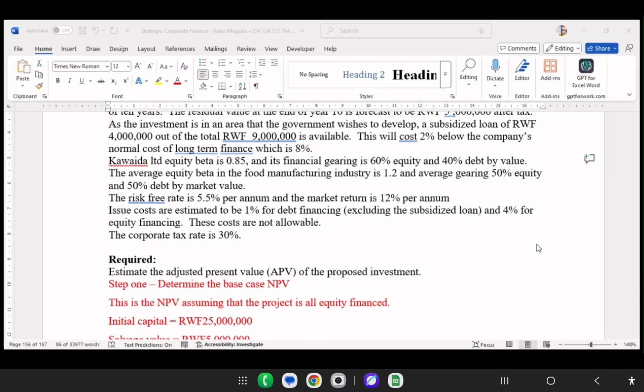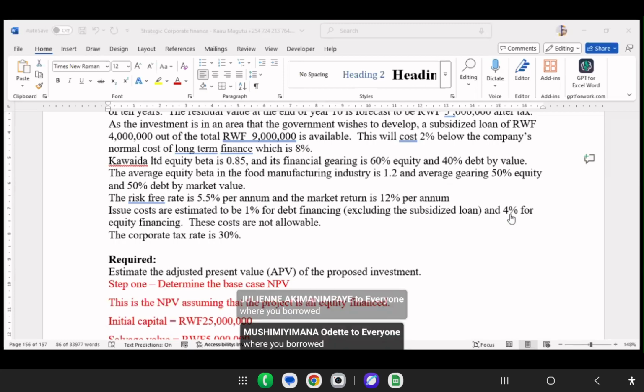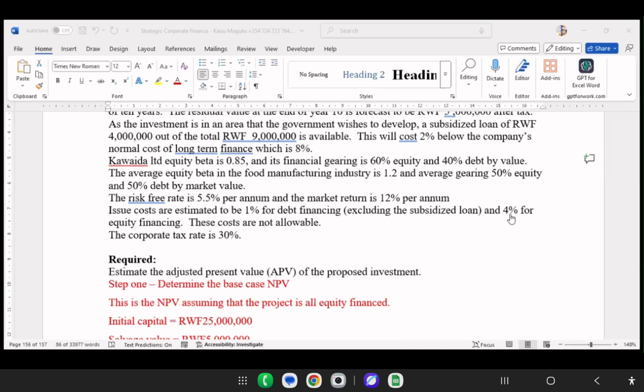Someone says you will evaluate based on the interest rate where you borrowed the money, 20%. Yes, that is the same argument. Here, this company wants to invest. Their beta is 0.85. They are investing their own money, not the money of the industry, where the beta factor is 1.2. But whose money is being invested?